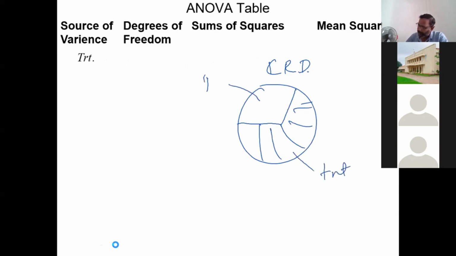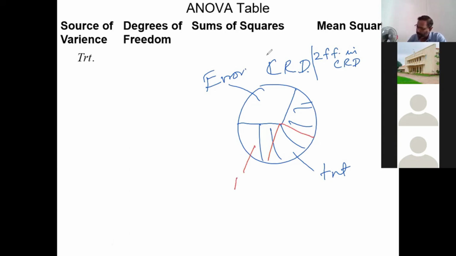This component is due to error. Now, if you say 2 factorial in CRD, now I am saying 2 factorial in CRD. Now what is happening is, actually this treatment component is divided into different components.